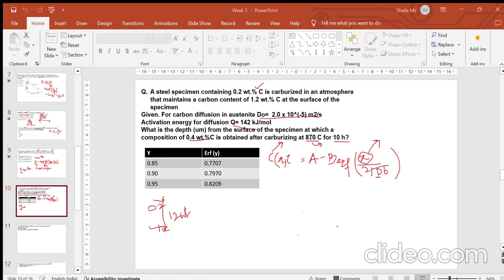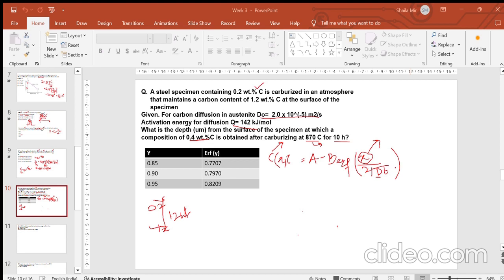Minus B is the difference between the concentration at the surface and at the center, like what is the concentration we start with and what is the concentration at the center. It is simply the gradient, Cs minus C naught, 1.2 minus 0.2. So we now have the value of B also.